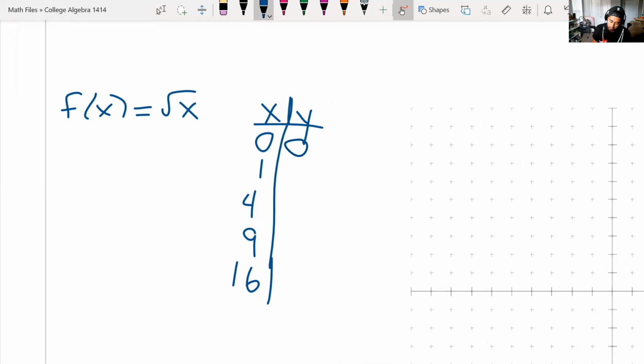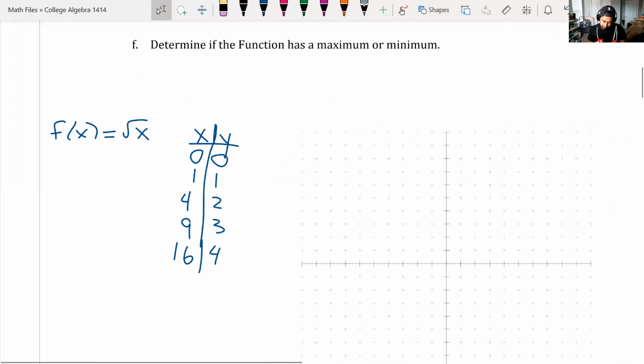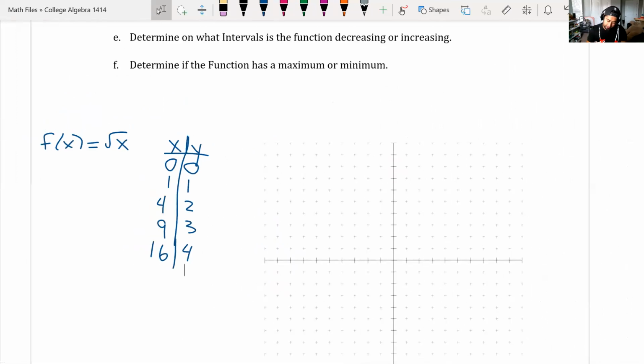So square root of 0 is 0, square root of 1 is 1, 2, 3, 4. Okay, excellent. And then go ahead and plot it. So we have 0, 0, 1, 1, 4, 2, 9, 3.